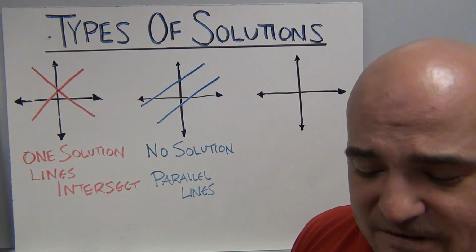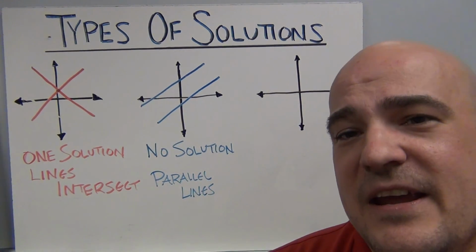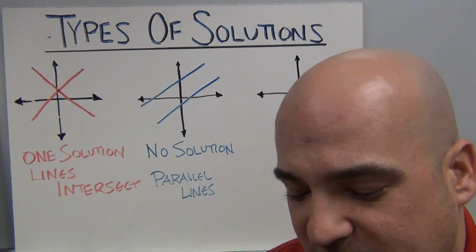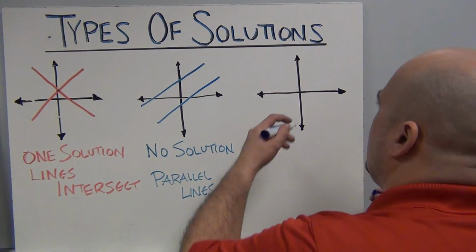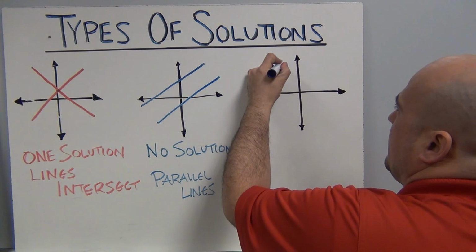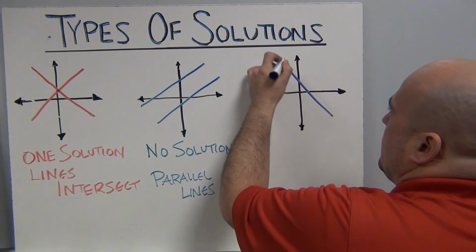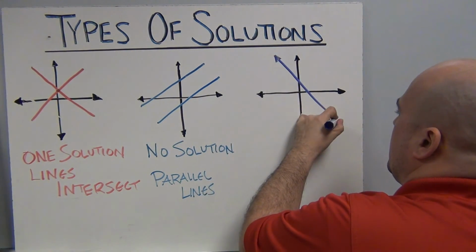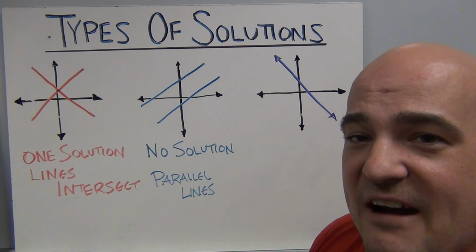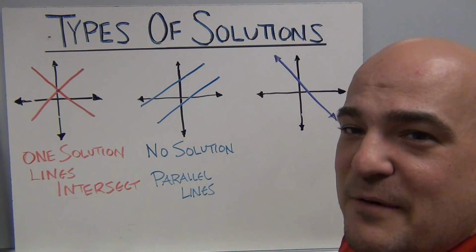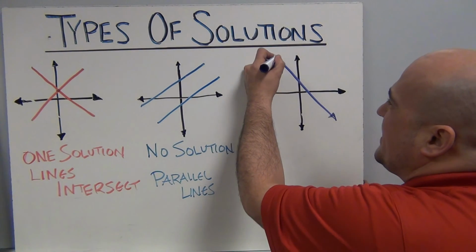So that's one thing you can look for to see if you might have parallel lines. All right, and then finally the last thing that could happen is we graph one of the lines, and then we go ahead and graph the second line, and that second line might lie right on top of this line.